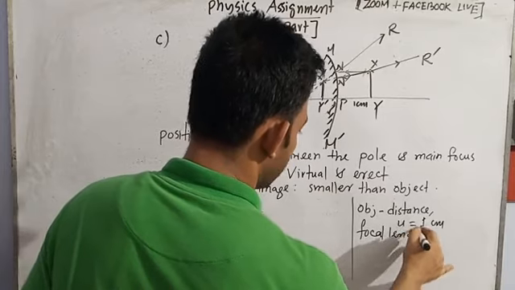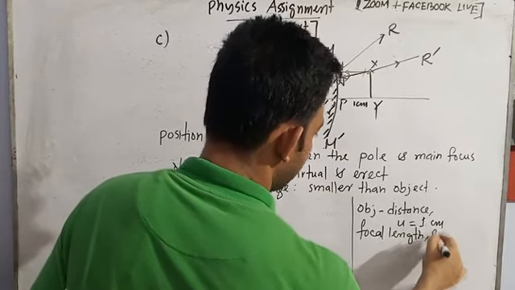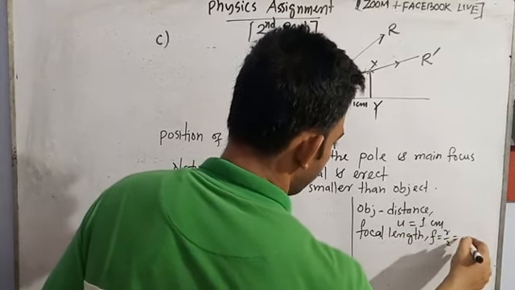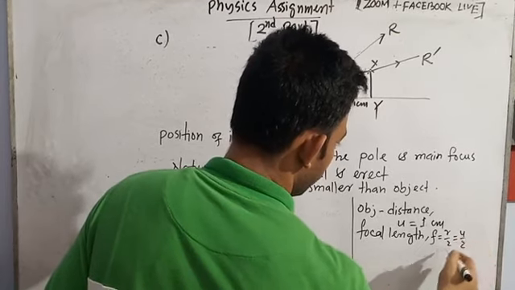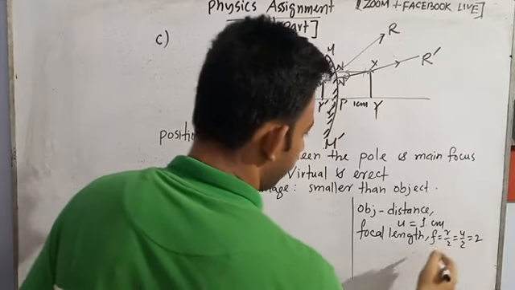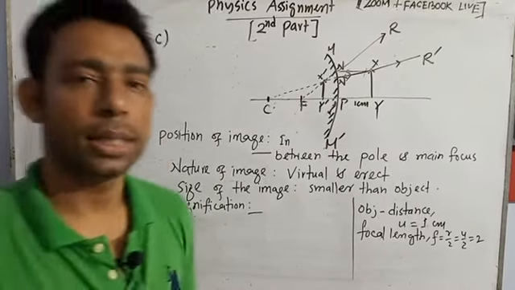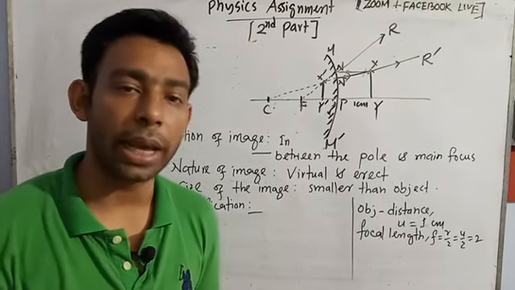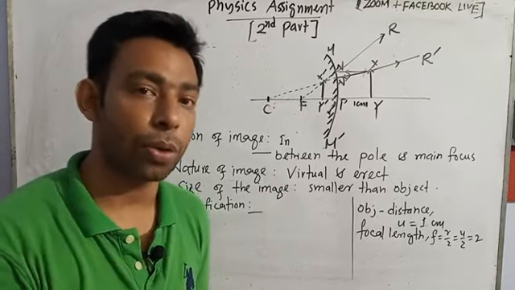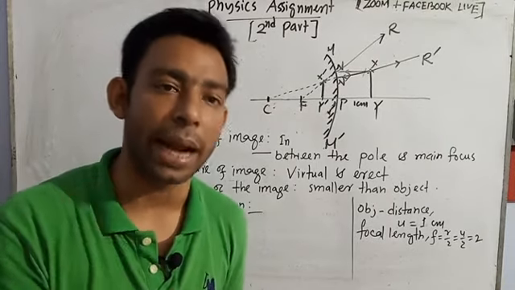Already we know about focal length. F equal to R by 2 equal to 4 by 2, that means 2. But focal length would be negative since it is a convex mirror.